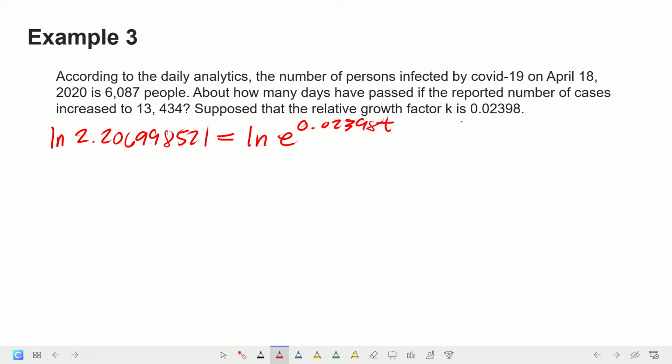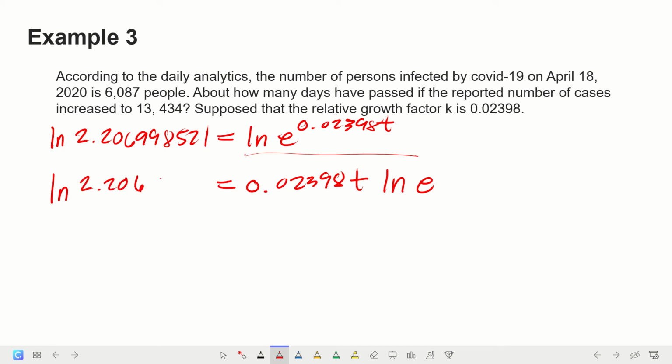According to the laws of logarithm, we can expand this expression into 0.02398t times the natural logarithm of e. In our next videos, we're going to discuss the different properties and laws of logarithm. So, the natural logarithm of 2.206998521 is equal to 0.02398t times the natural logarithm of e.